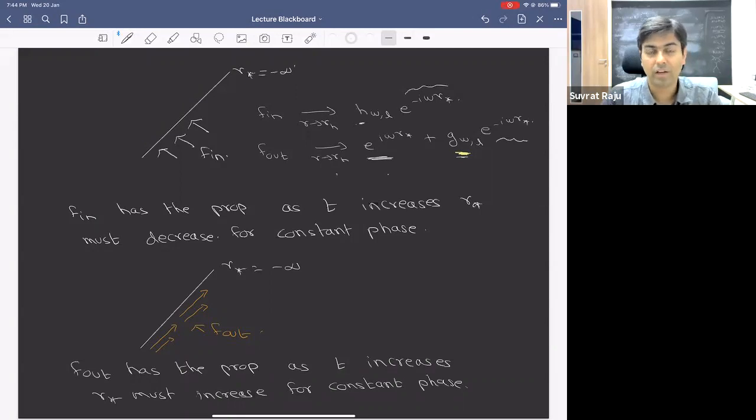These solutions, in fact, near the horizon are looking like U to the i omega by k. So they're not looking like e to the i omega u at all. e to the i omega u would not be a solution. This is a black hole spacetime, so e to the i omega u and e to the i omega v are not solutions to the Klein-Gordon equation everywhere for all u, v.